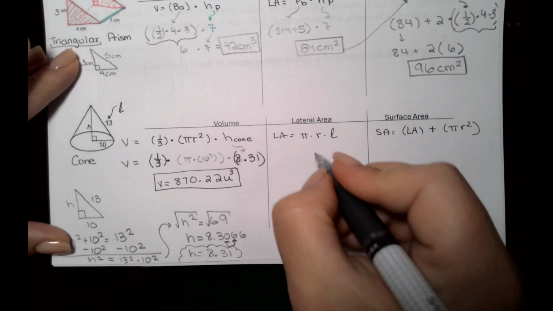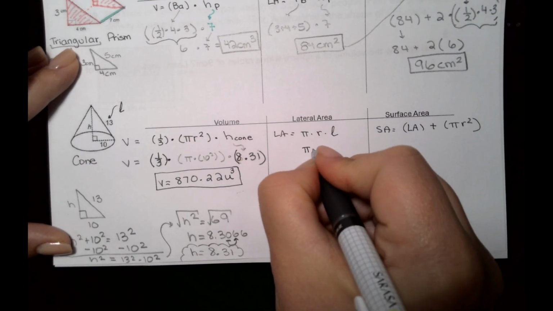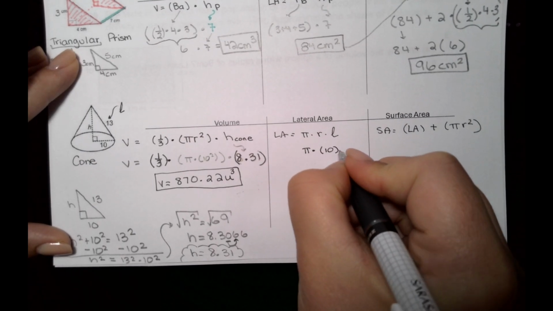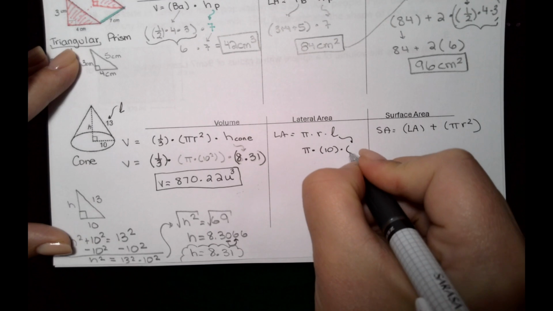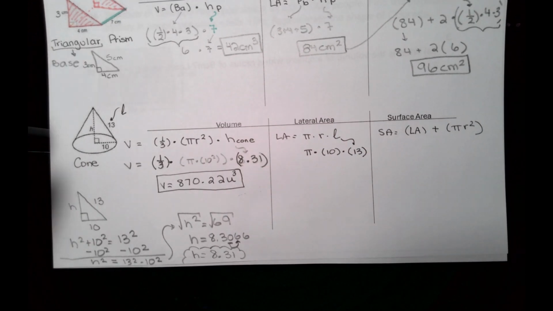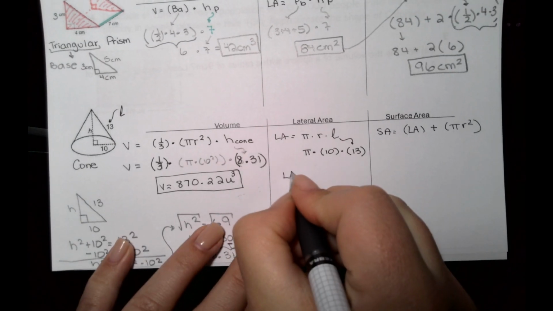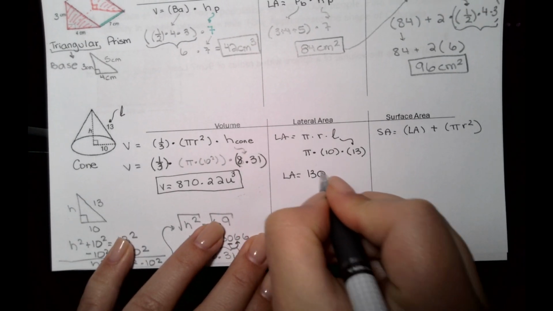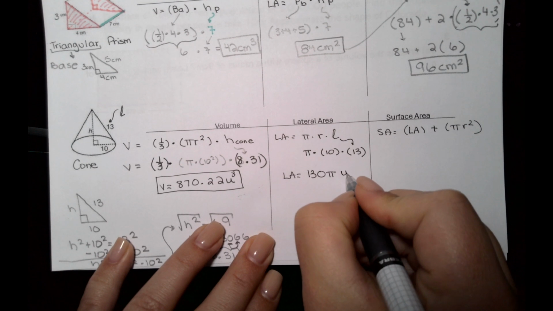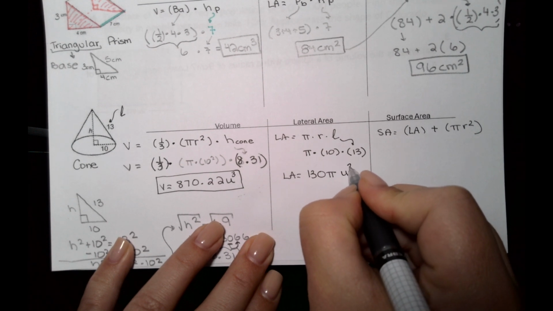Okay, lateral area, we have pi times r, which was 10, times our slant height, which was provided to us at 13. Now, if they want exact answers, you would do 13 times 10, and say we have 130 pi units area is squared.